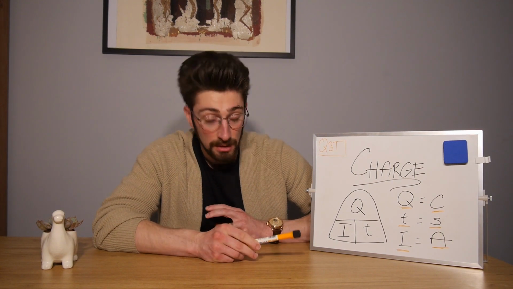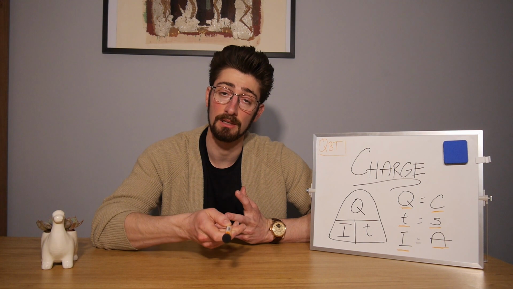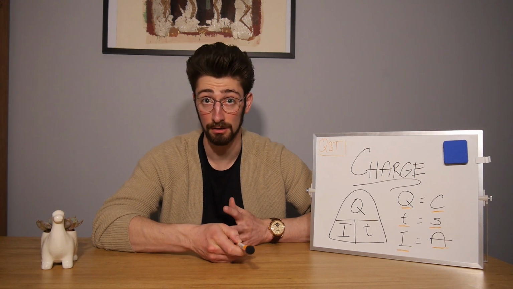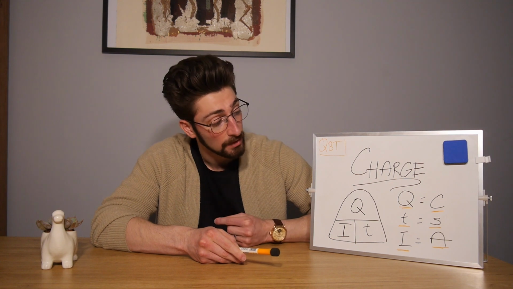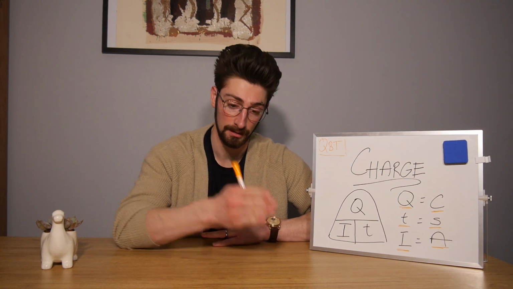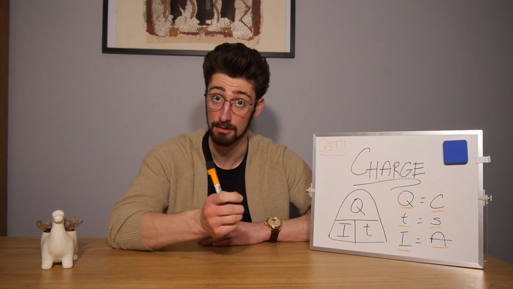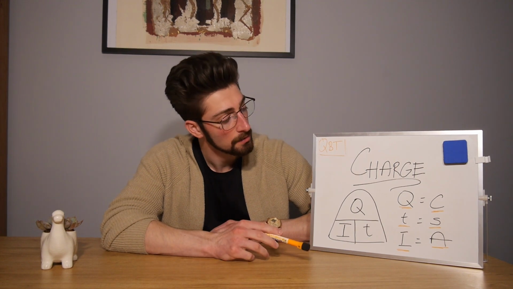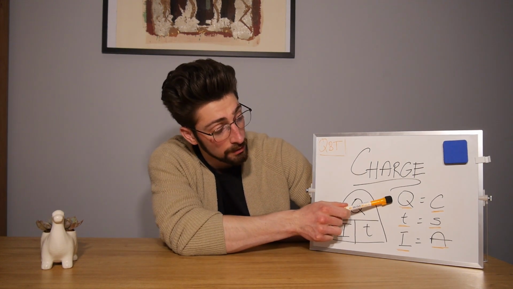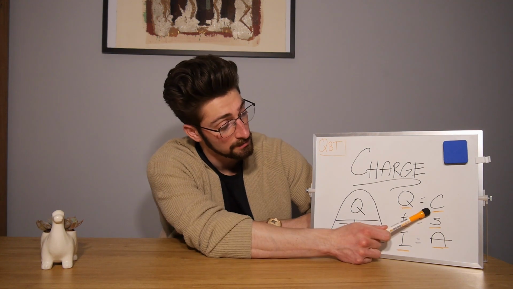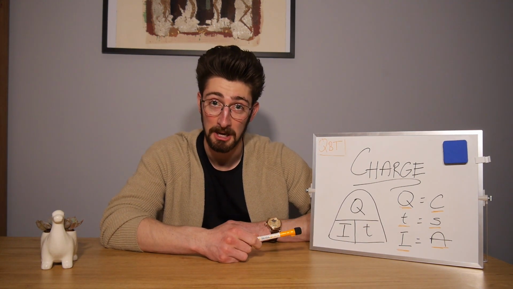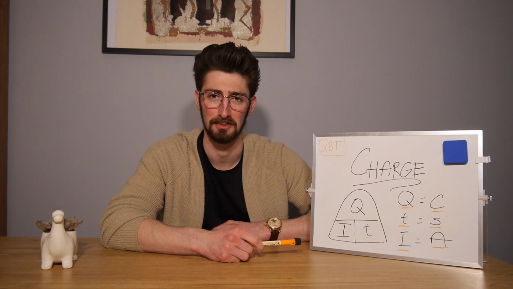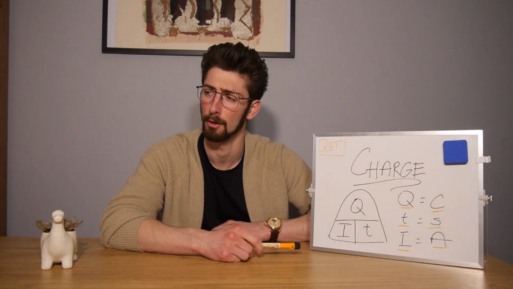So the equation is not too complicated, but we need to know the units for each of the variables in our equation. We have standardized units in physics, which means that we always convert back to the original unit, and we need to know those standardized units. For charge, the standardized unit is this big C, which represents coulombs, because the scientist that discovered charge was Coulomb, something Coulomb.